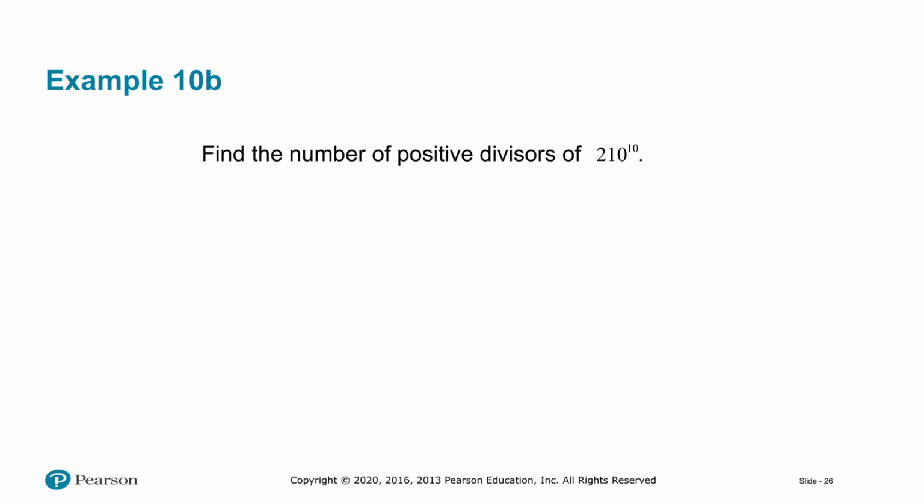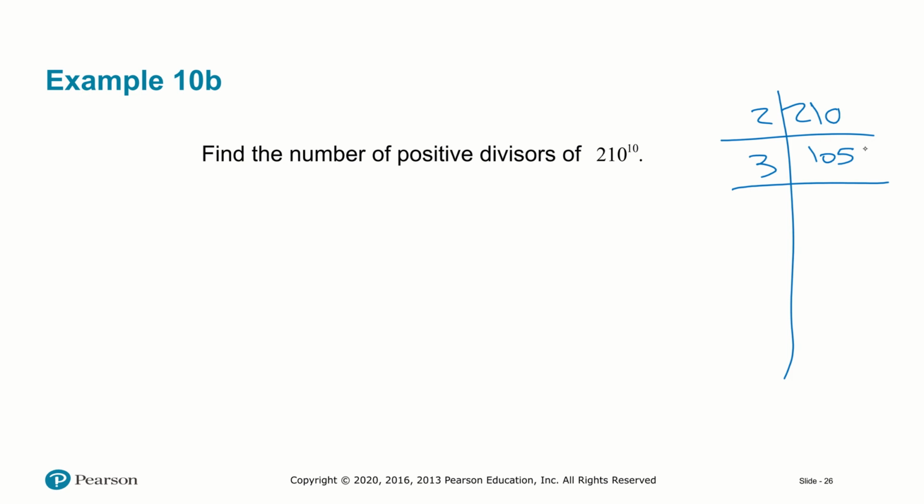All right. So notice that here, if we take that 210 that's being raised to the power of 10 and find the prime factorization, we start with 2, we get 105. Then 3, we have to go to 3 now because 105 is no longer even, and 1 plus 0 plus 5 is 6, so it's divisible by 3.